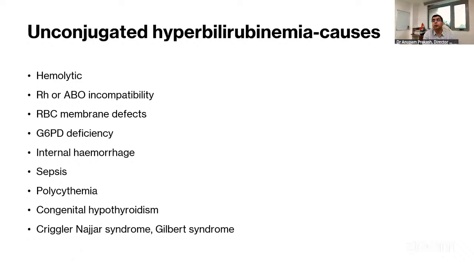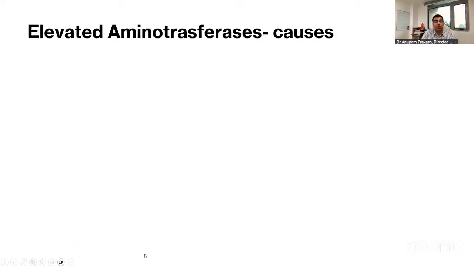Crigler-Najjar you obviously do not see in adults, but Gilbert's very commonly as part of routine health checkup. In fact, when we get LFTs done, you will find a serum bilirubin which is 2.5 or 2.2 milligram per deciliter, and the unconjugated fraction in that is 1.6 or 1.7 milligram per deciliter.